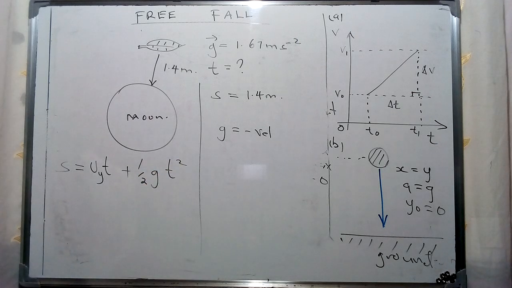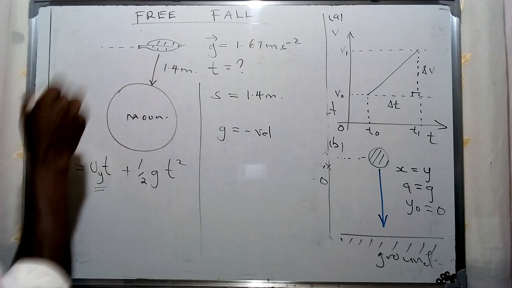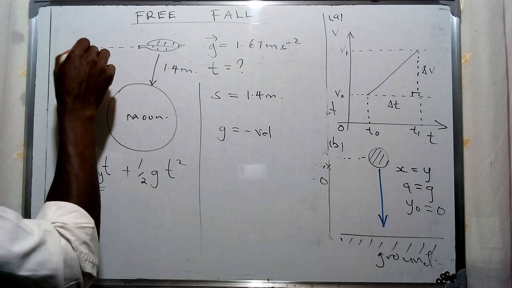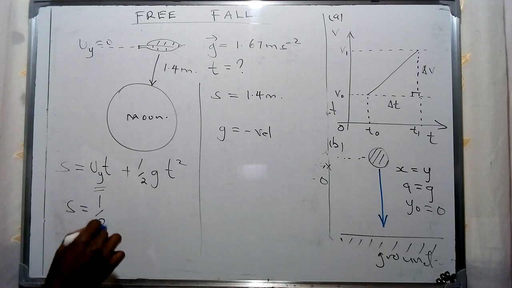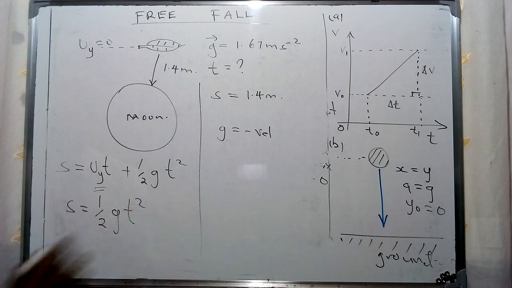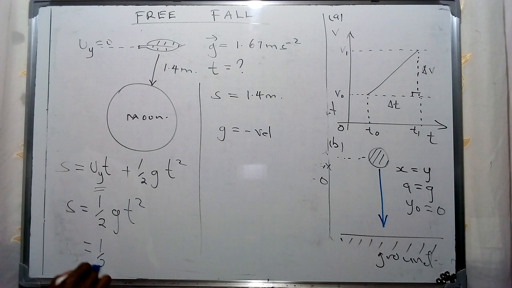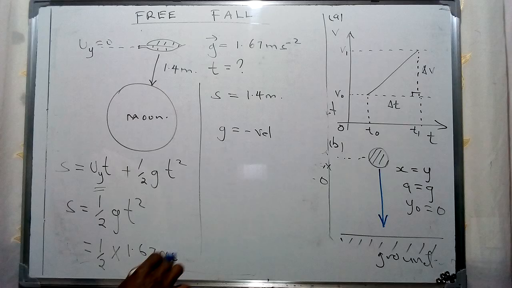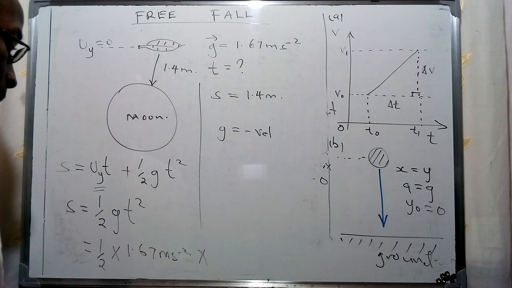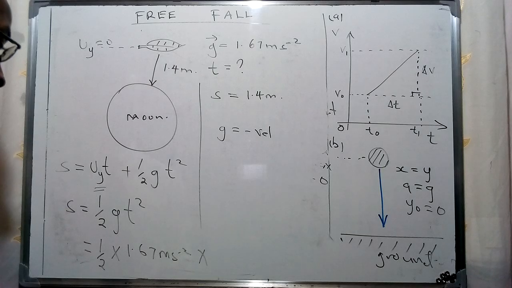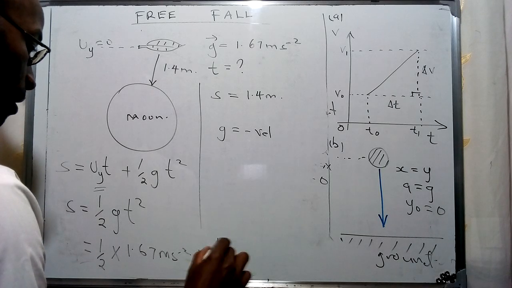In this case, the initial velocity for this specific feather, which was released from this point, was basically equivalent to 0. So we have this formula in terms of a half g t squared, which is a half times 1.67 meters per second squared, times the square of time, t squared.